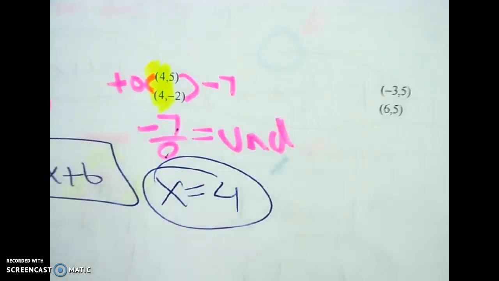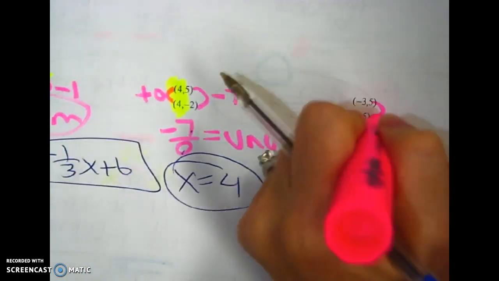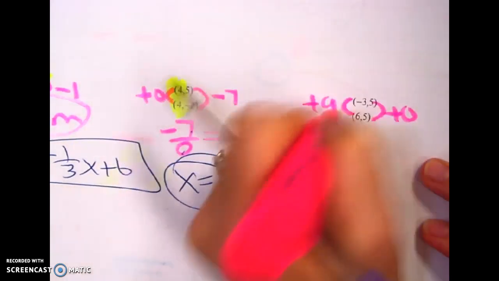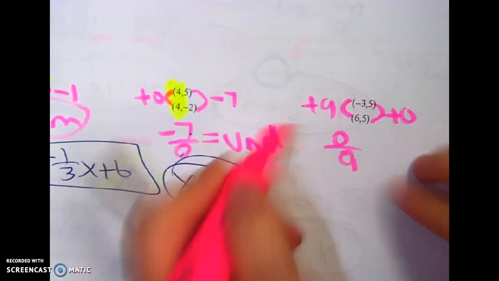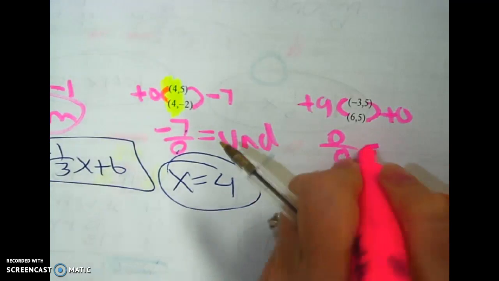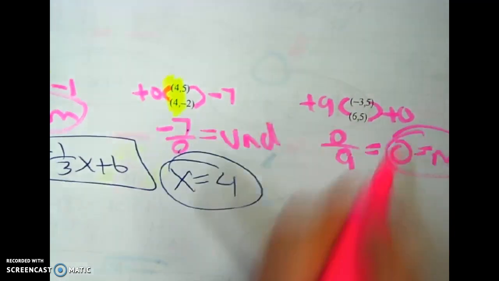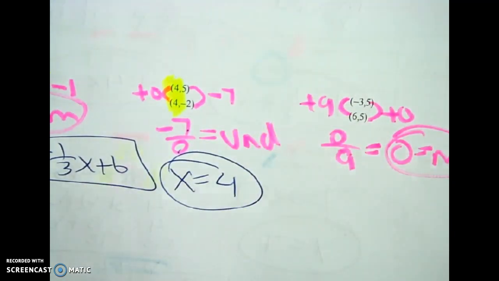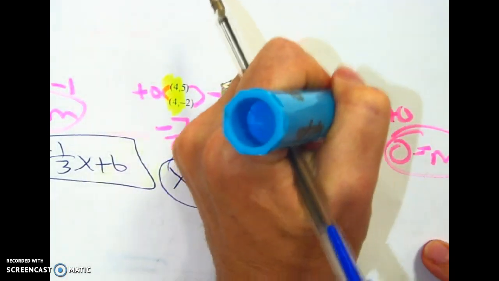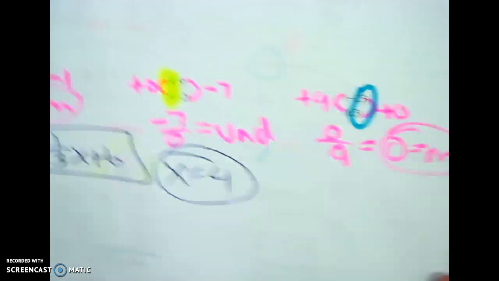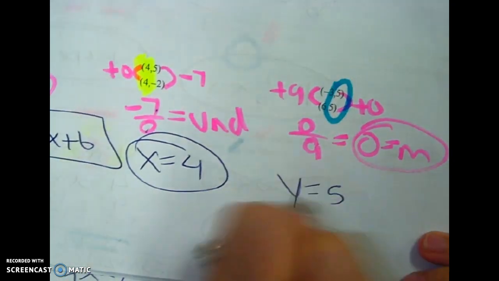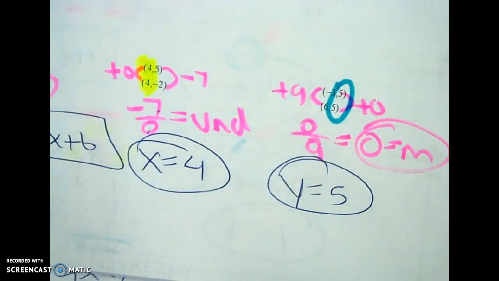Zoom out a little bit so you can see the differences. This one's plus 0, and this is plus 9. 0 over 9. There are 9 pieces of pizza, and I don't eat any. That's my slope. But I noticed a pattern right here, so I'm going to take advantage of that. I see that both of them here have a 5, which means I can go straight to the equation y equals 5.